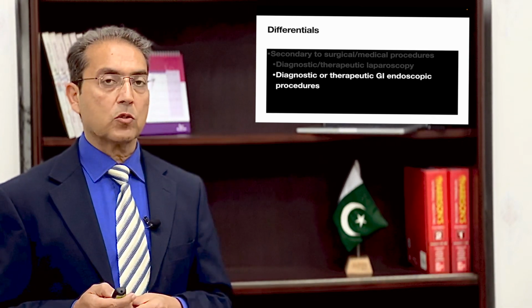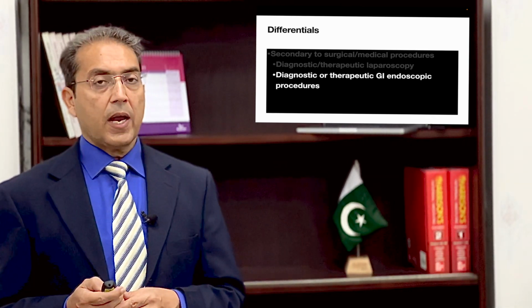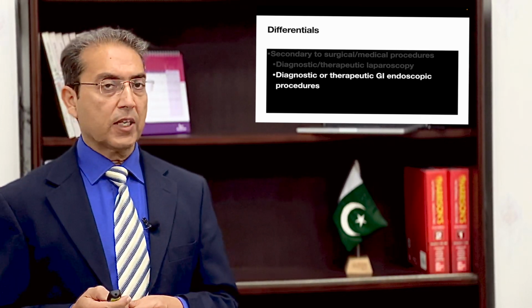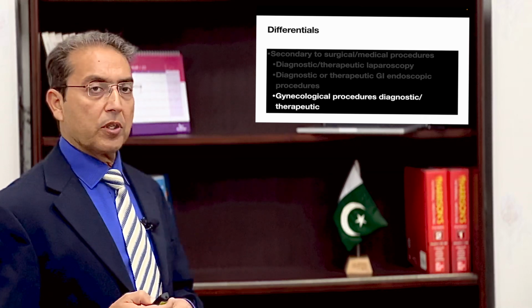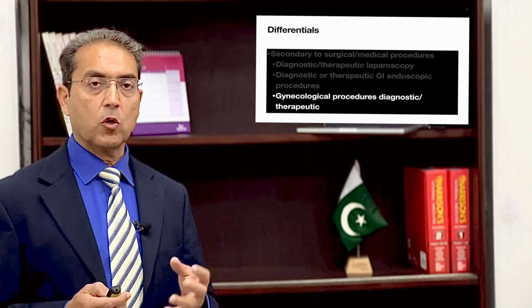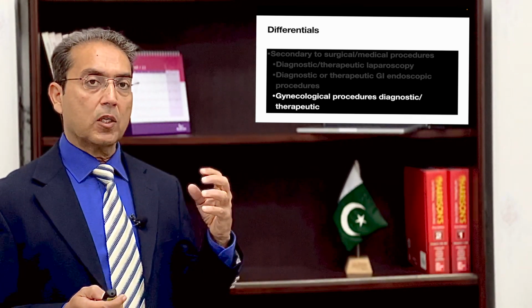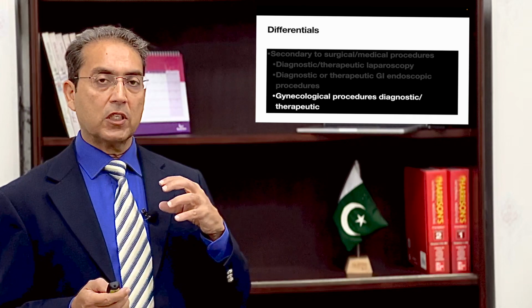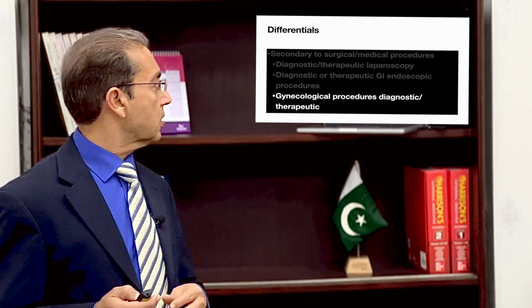For example, patients who are being placed with an endoscopic gastrostomy can have pneumoperitoneum. And then gynecological, diagnostic, or therapeutic procedures may cause insufflation of air into the peritoneum, so this may result in pneumoperitoneum. So the pneumoperitoneum can be a result of disease processes or certain diagnostic or therapeutic procedures.